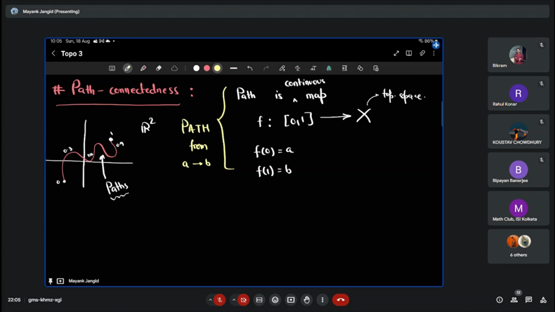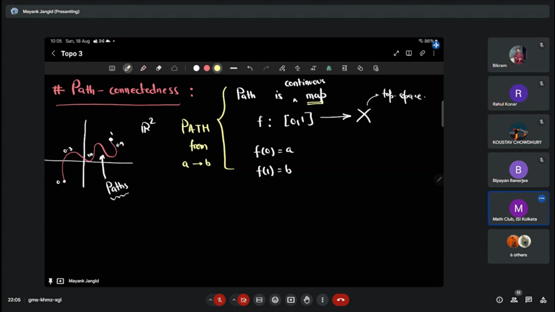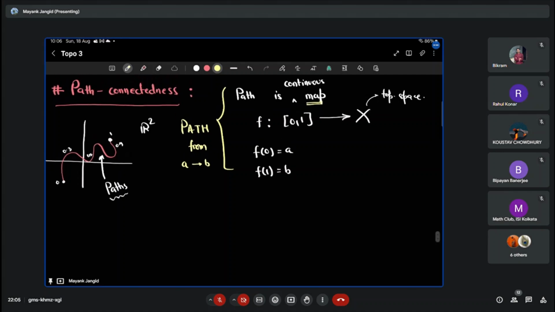The same image may have different functional forms, but the existence of a map is enough because it will give a continuous image in some sense. So a path is a map. Is it clear now? Yes. This is more natural than the previous thing.